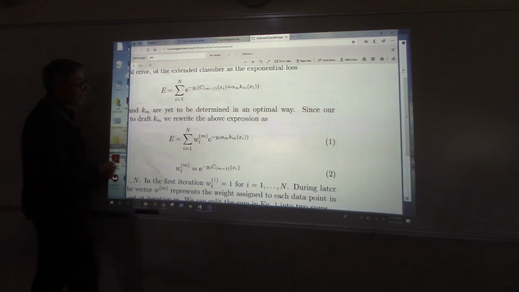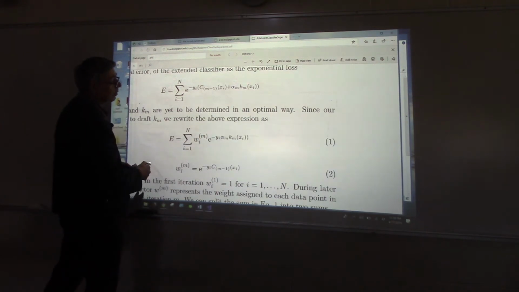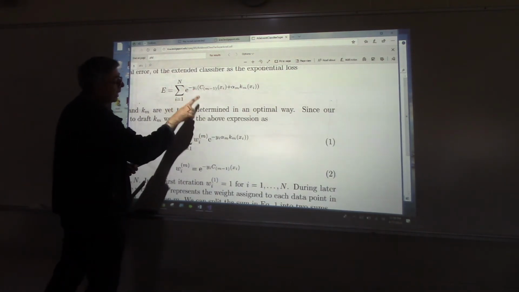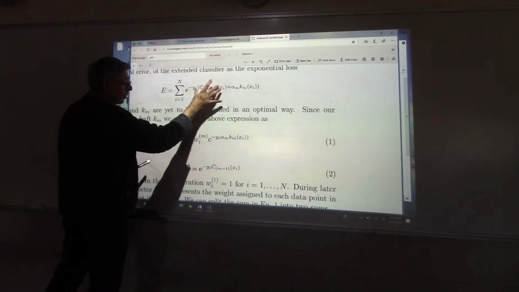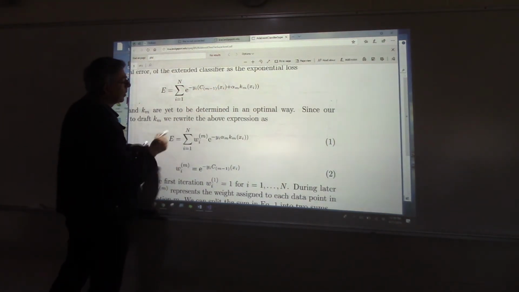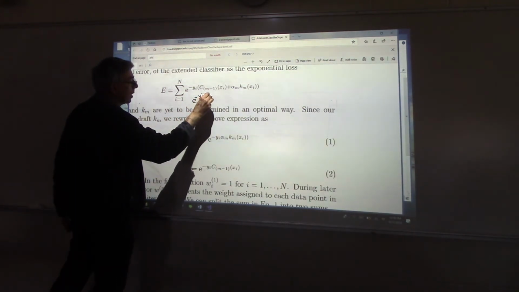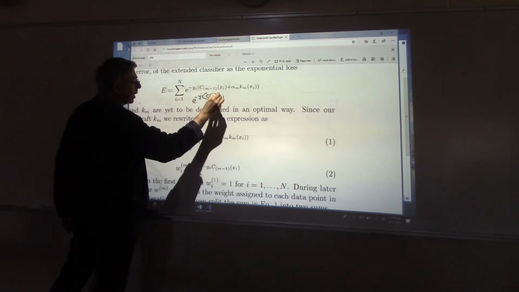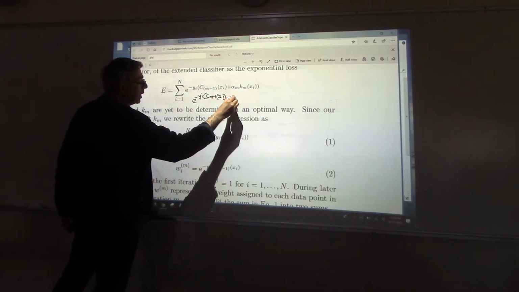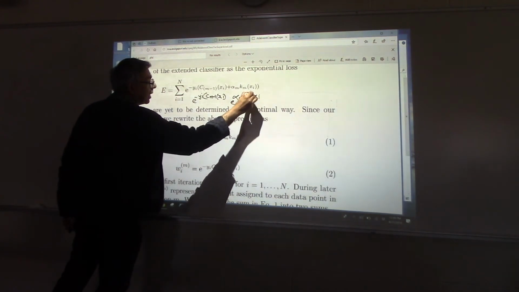In the next equation, if you compare these two, what you will notice is we split it in two parts. So this will become e to the minus yi Cm minus 1 xi, times e to the minus yi alpha m km of xi, correct?